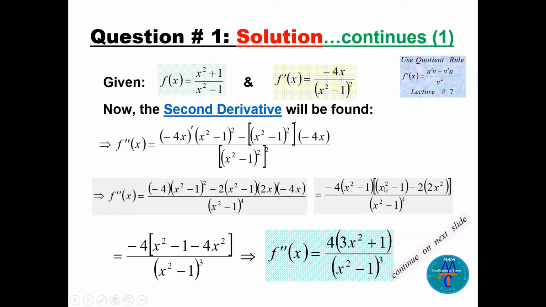Here we have x squared minus 1 minus 4x squared. Put the minus inside, because we will have minus 1 and minus 3x squared. So leave the 4 outside, make it simple, neat, easy, and nice: 4 times 3x squared plus 1 over x squared minus 1 all cubed. This is f double prime.